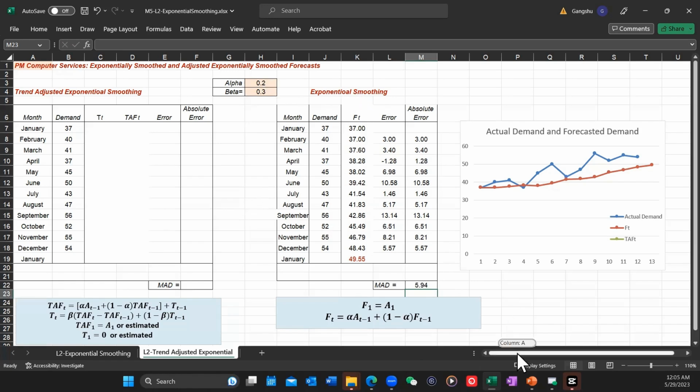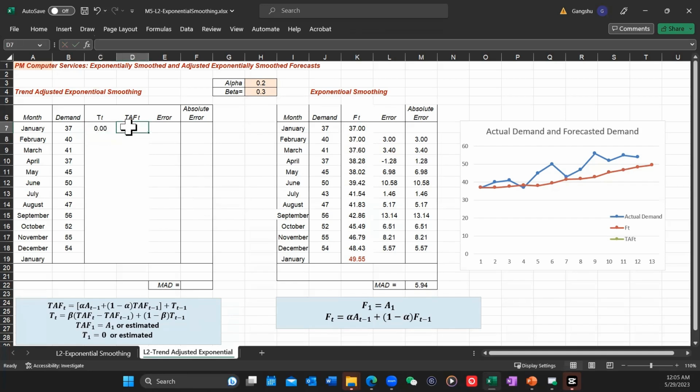Now, let's look at the trend-adjusted exponential smoothing. In this approach, for the first period, the trend will be assumed to be 0, okay? I'm going to demonstrate later what happens if we change the trend value. So I'm going to set it to 0 now.